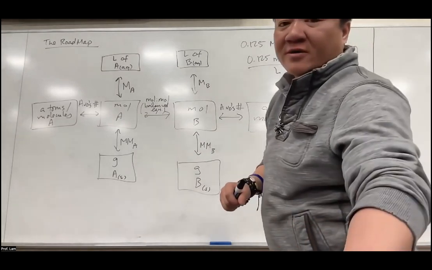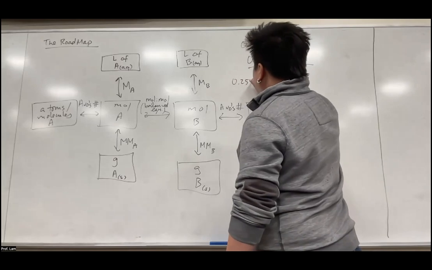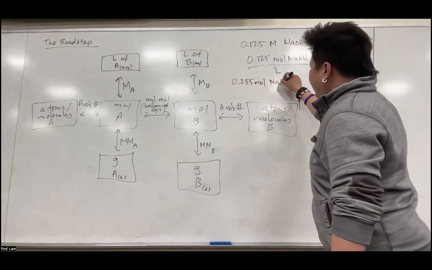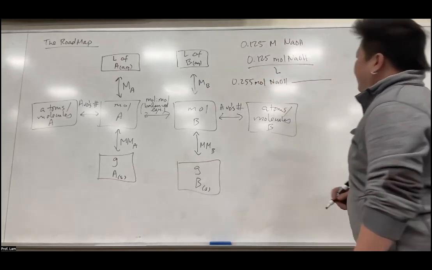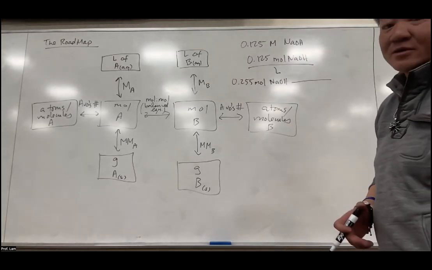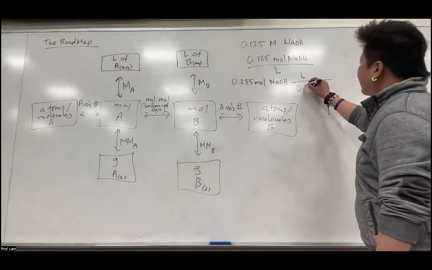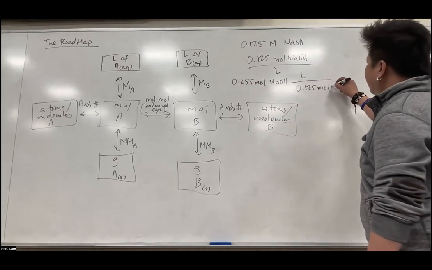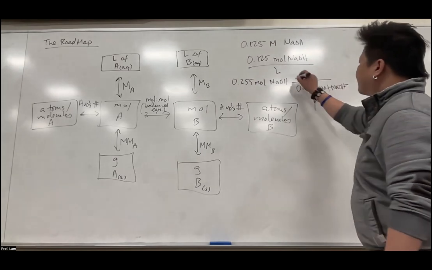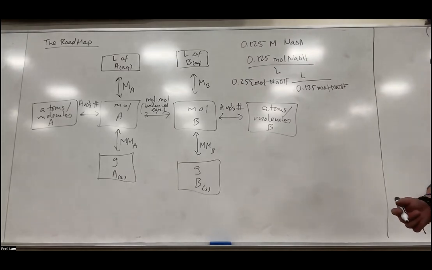And then what are you given? You're given 0.255 moles of NaOH. And now what should go on top? What should go on bottom? Because it's asking you how many liters, right? So liters should go on top and 0.125 moles of NaOH on bottom, okay? So you end up dividing here by molarity, right?